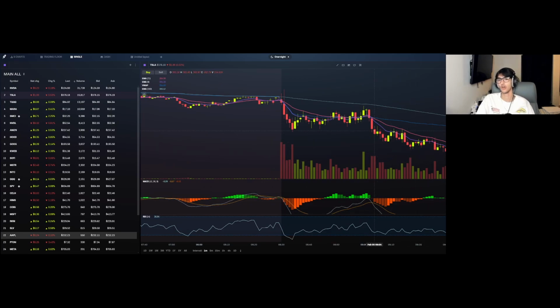Price is a little too overextended to the downside, and what we are looking for is a retracement back to our EMA. Two things: it'll act as resistance and be a good entry point, and that's what we're looking for.